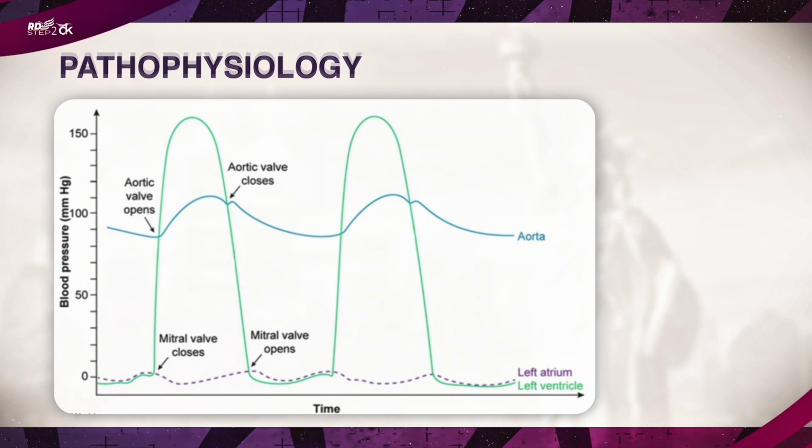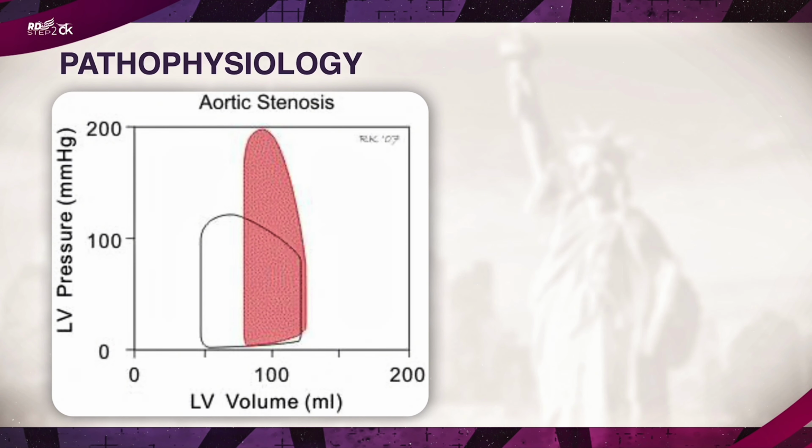Okay? This curve here is the pressure volume loop inside the left ventricle. So different from the pressure time curve we just talked about, this is the pressure volume curve inside the left ventricle. Now, just using pattern recognition, you probably remember this tall loop screams increased afterload. That's what it tells you. Classic aortic stenosis. You probably saw this in USMLE Step 1 prep, right?